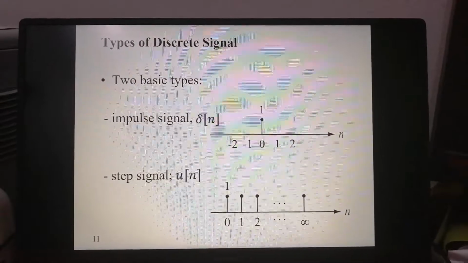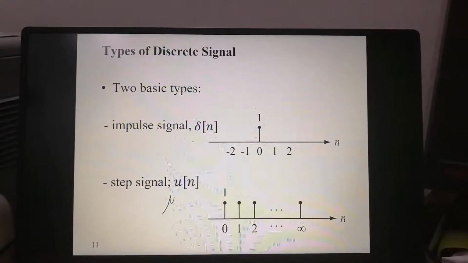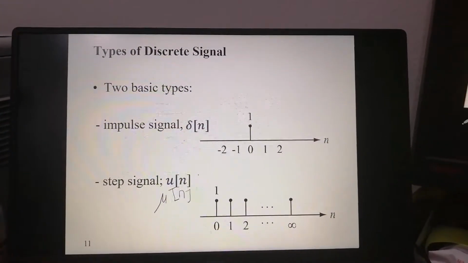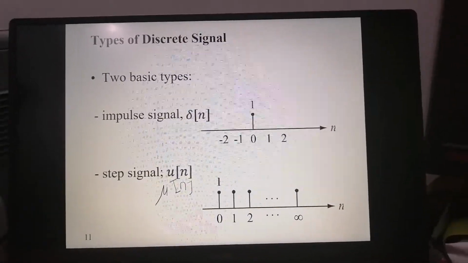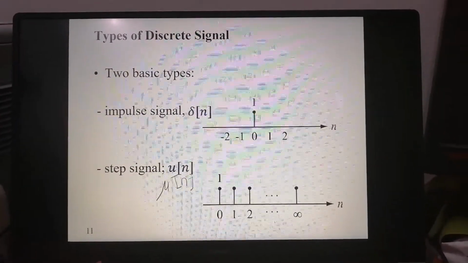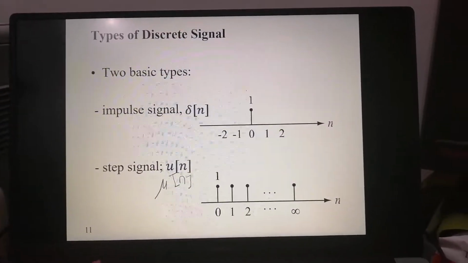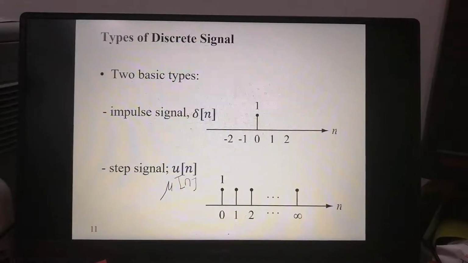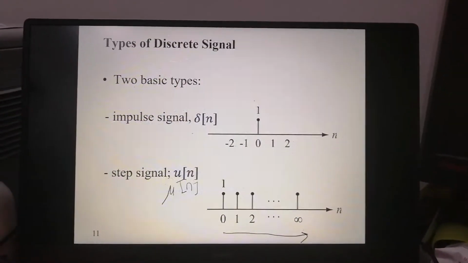And step signal pula is represented by u[n] ataupun mu n. So mu n is an infinite length sequence. Value dia x[n] adalah 1, dia start daripada 0 hingga infinity. Alright, that is a step signal.